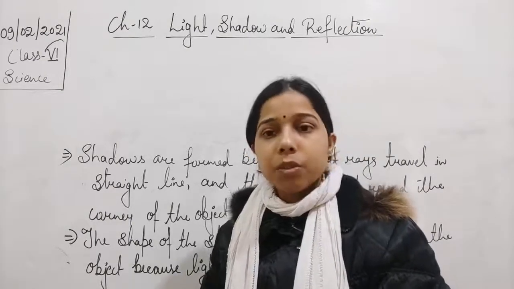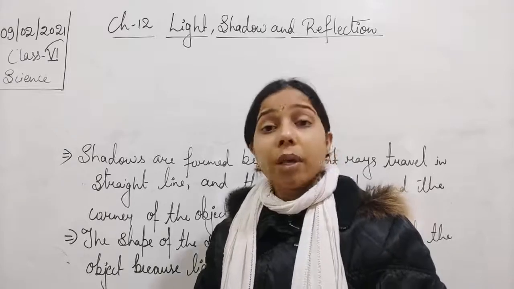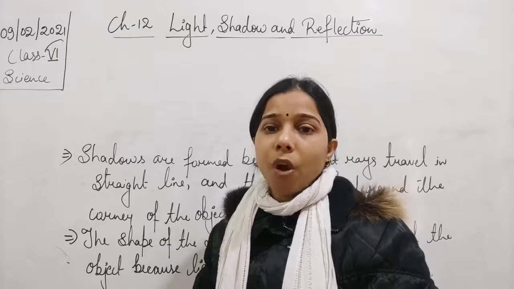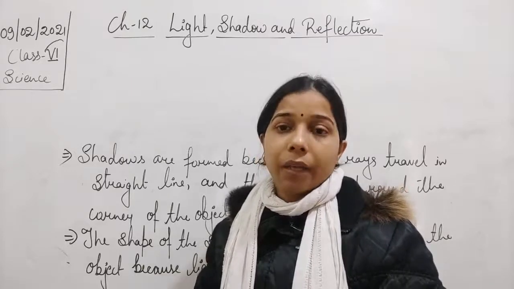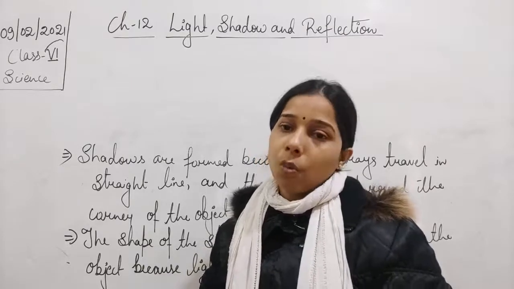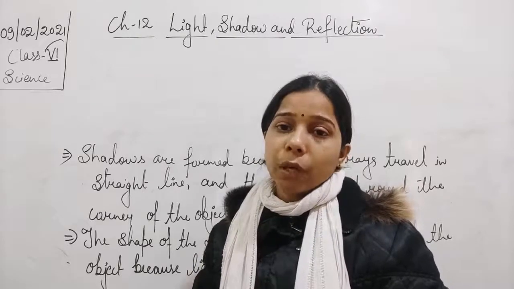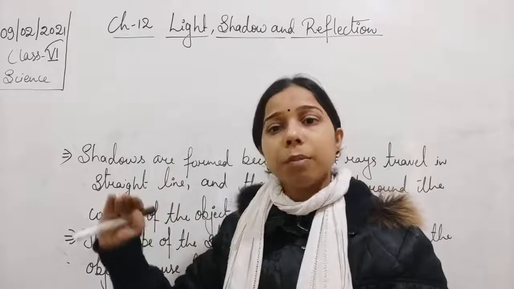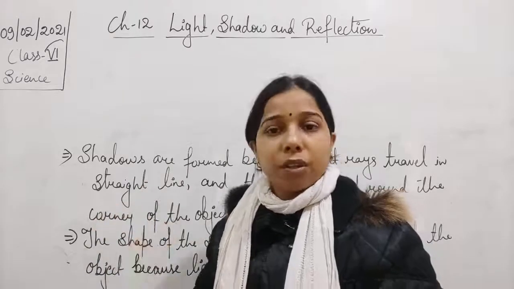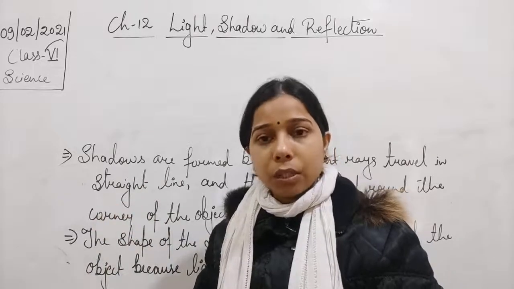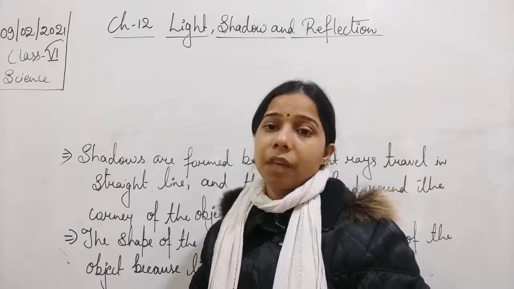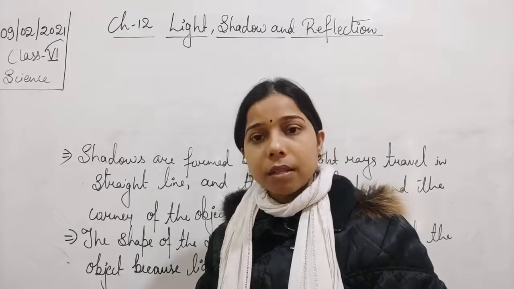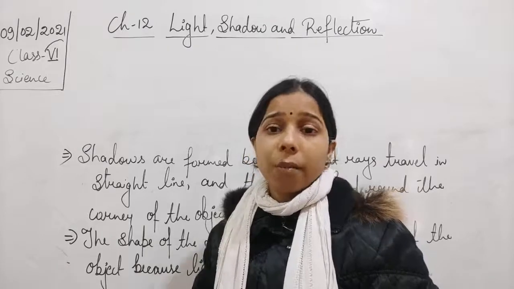Yes, we are able to see the shadow of the bird. Now my question is, will the shadow of the bird be formed when the bird is flying high in the sky? No. No shadow will be formed of a bird flying very high. If it is flying near the ground, then yes, the shadow can be seen. But if it is flying very high, the shadow will not be clear to us, meaning the shadow will not be formed on the ground.